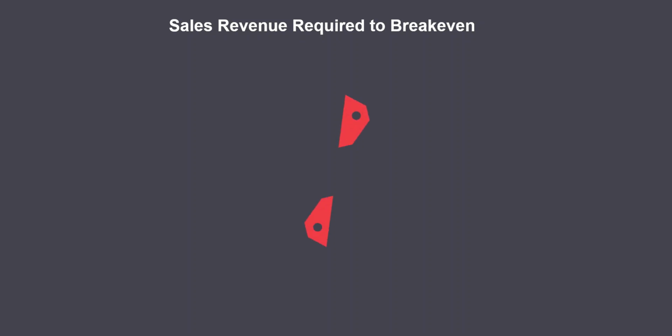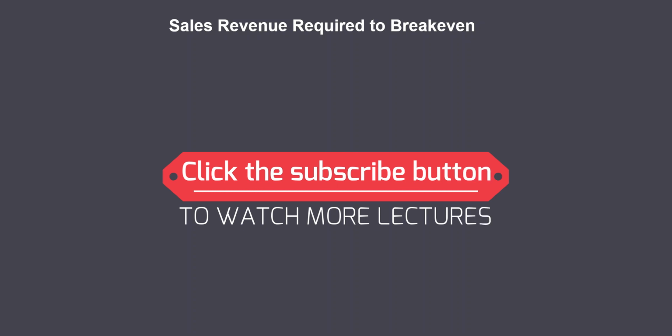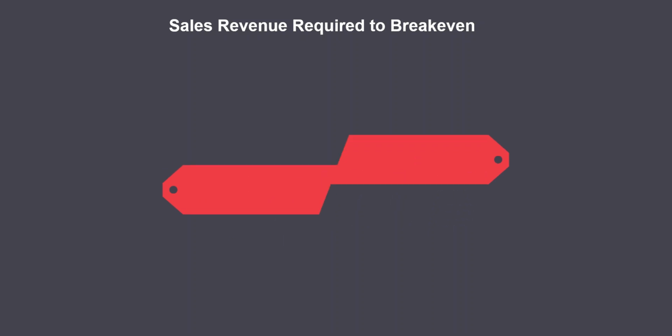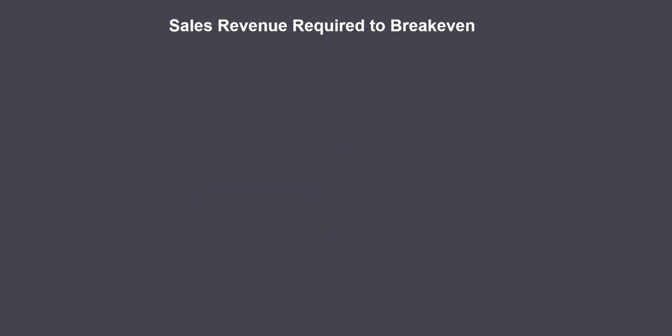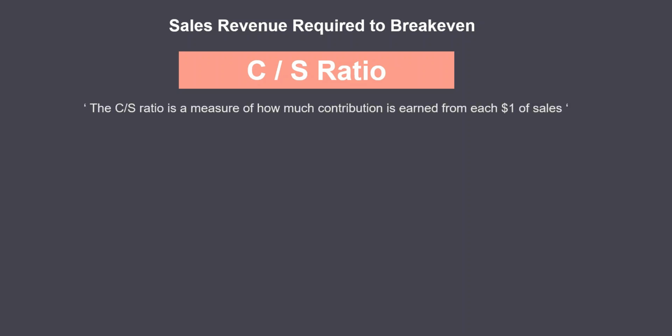So instead of doing that, what we can do is calculate sales revenue required to break even by calculating the contribution to sales ratio. So we call it CS ratio. So what is CS ratio? CS ratio means it's a measure of how much contribution is earned from each dollar of sales.